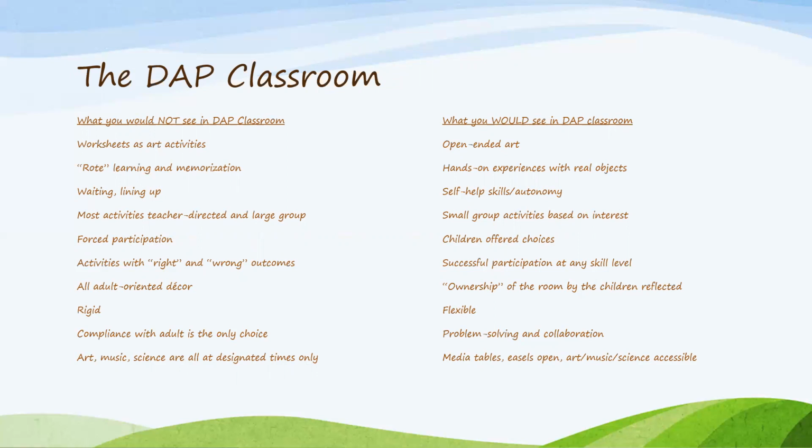Activities with right and wrong outcomes, like I mentioned earlier, make sure you're focusing more on the effort and successful participation. This one was interesting, I thought you might find interesting, is about all adult-oriented decor. And I know that when I started teaching, I had visions of how my classroom was going to look and how I wanted it to be, and it was fun.